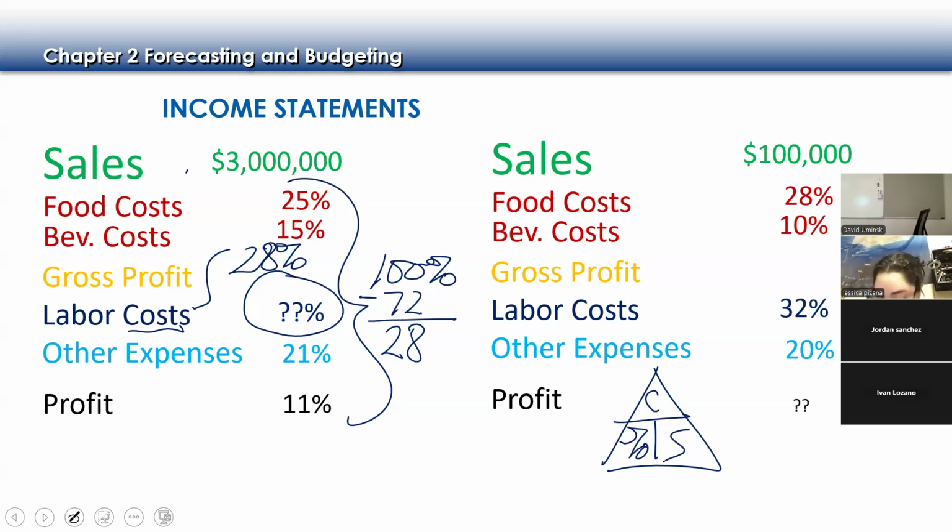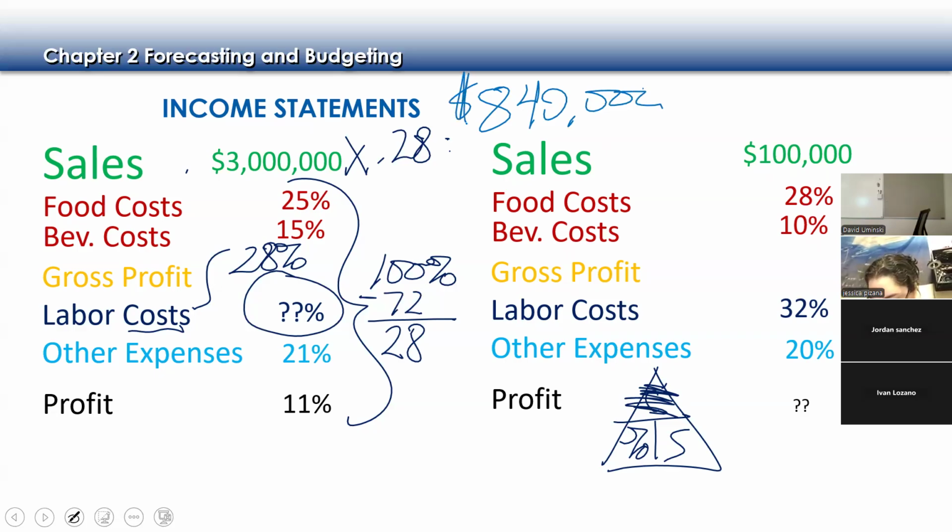If I'm looking for cost, I cover it up, and I have my sales of 3 million times the 0.28. And that is going to equal, I believe, $840,000. That is how we get our labor costs of $840,000. Okay?